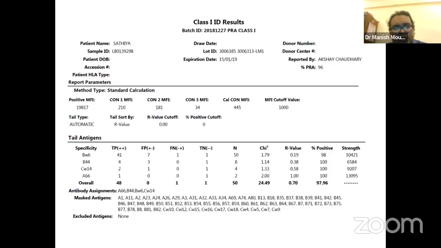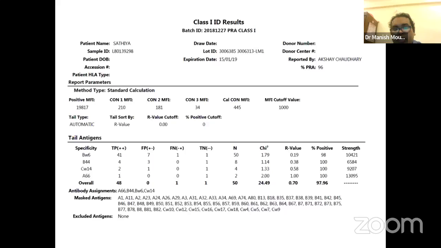This is low resolution PRA data. Here we are looking at low resolution like B24, B44, A66. So suppose a donor has antigen B44 and the patient has an antibody against B44, then we have to look at the high resolution 4-digit data: whether the donor B44 is B44:02 and the patient has a B44:02 or some other antibody or not.